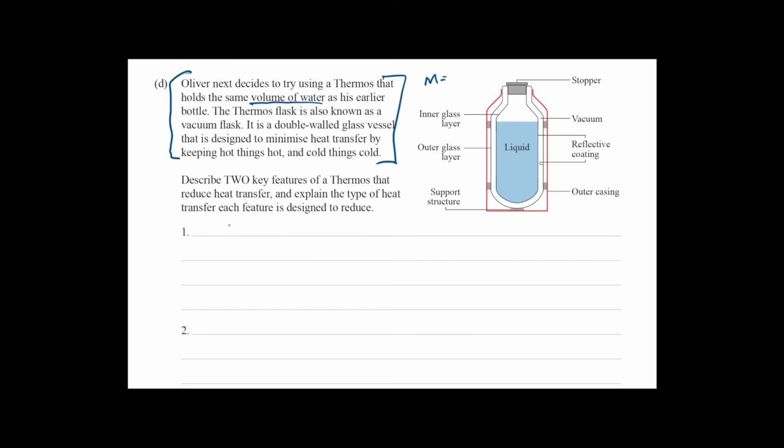So there are 3 ways that heat transfer can be minimized, and they all appear in here. So the first one is conduction. So conduction is when heat moves through solid. Okay, so the glass itself is a poor conductor.